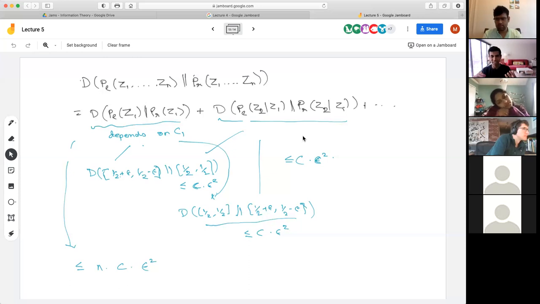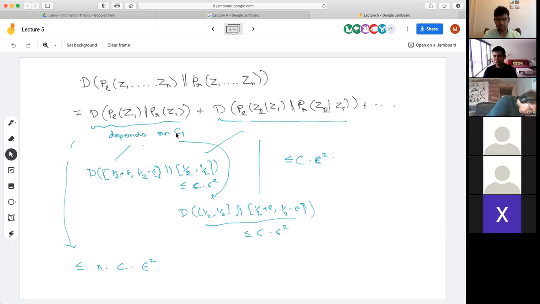As I said earlier, I'm assuming that your strategy is fixed, deterministic. It still depends on the outcomes of the tosses. So in some sense I'm conditioning on C1, but C1 is just a deterministic function of nothing. You already have a strategy in mind, and your strategy says the first time I'm going to look at the left hand, let's say. So C1 is just dependent on your strategy.